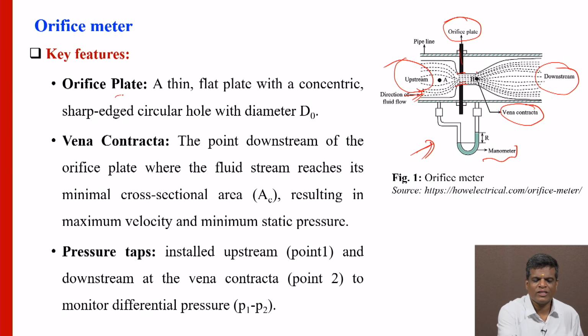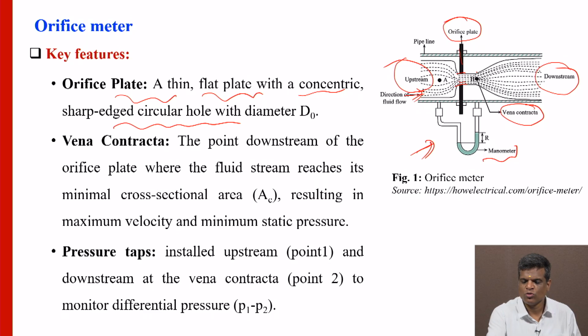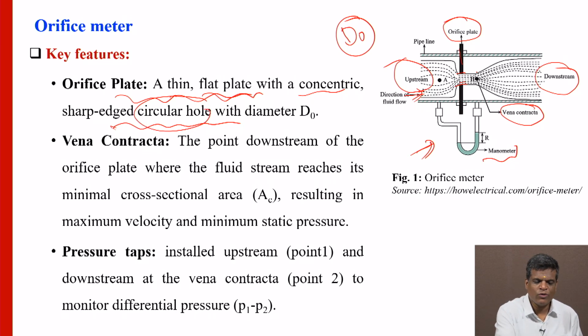First, what is the orifice plate? It is a thin flat plate with a concentric, sharp-edged circular hole with a diameter of DO, the orifice diameter. Next is the vena contracta.